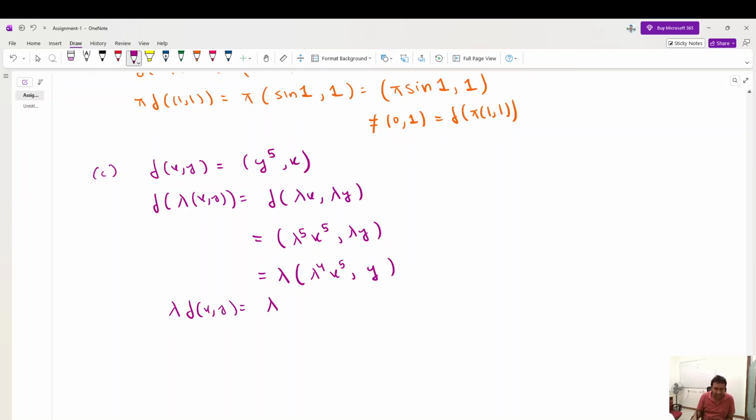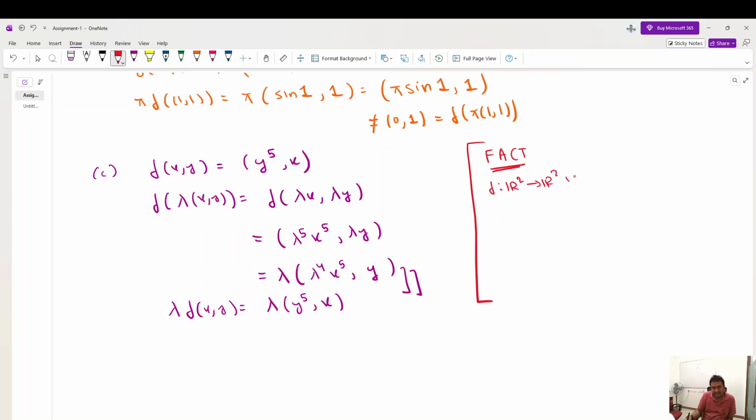So this is lambda times f of (x, y), which is (y to the power 5, x). Can these things be equal? Not always. Like if you take lambda equal to 0, it is always equal. So what we have learned, a fact which you might have done in class or theory, is that if f from R2 to R2 is linear, this implies f of 0 is always 0.